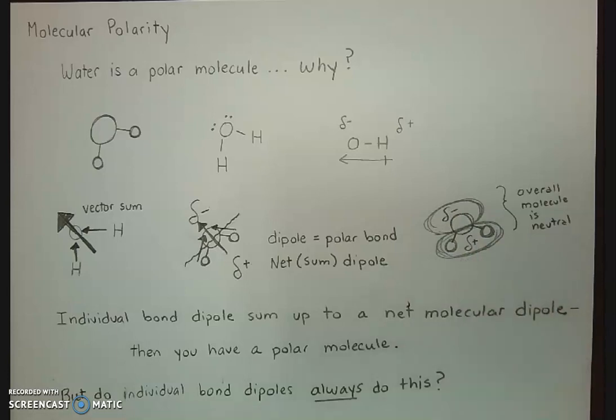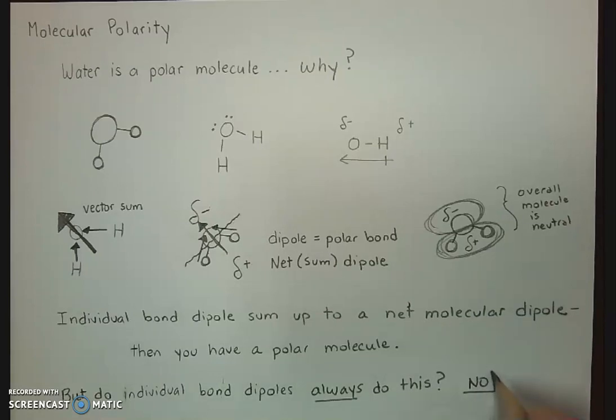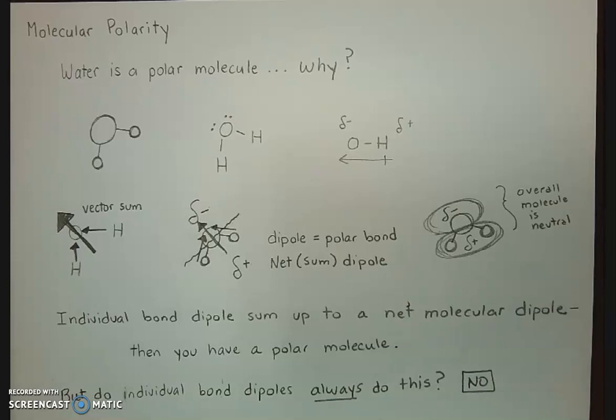But the question is, do individual dipoles always do this? Do polar bonds within a molecule always sum up to a net molecular dipole? And the answer is no. This doesn't always happen. Just because you have polar bonds doesn't mean you have a polar molecule. And that's where shape comes into play. We will be exploring that in our next video.